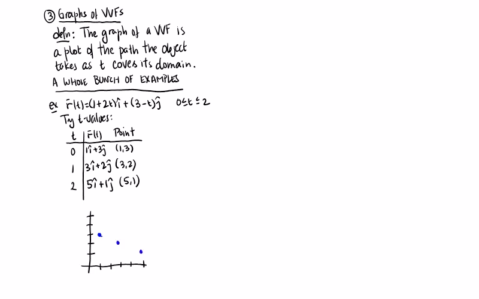We see that this is a line. We draw this, and I'll put a couple of arrows along the line to indicate the direction of motion. This is t equals 0. This is t equals 2. So in this case, the vector value function is a line segment. Starts at 1, 3, ends at 5, 1. Nice simple example.